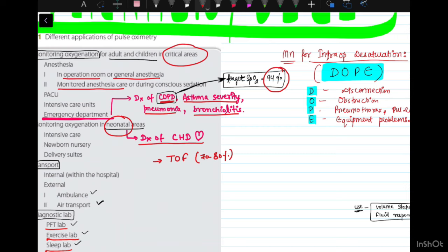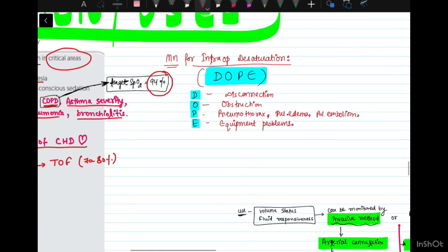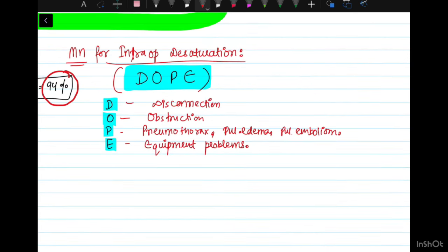An SpO2 of 92 to 94 is good enough because the hypercapnic drive of COPD patients is already gone, and if you increase the SpO2 or the FiO2 given to the patient, even the hypoxic drive will fail and the patient will get into a hypoventilation state, so he will not breathe, and he'll further deteriorate because the CO2 will further accumulate in the body.